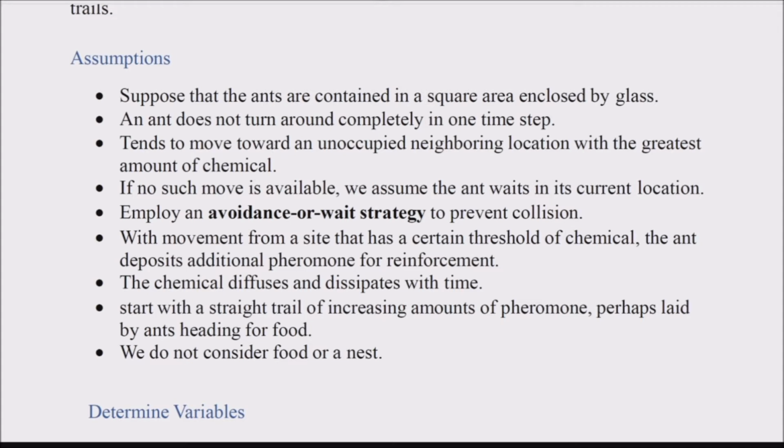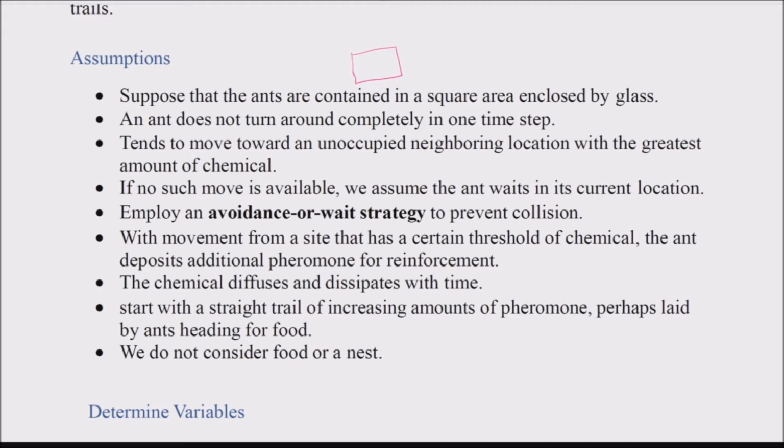Suppose that these ants are contained in a square area. Of course we're going to model this, so we're going to put ants in a square area. Maybe we will put it in a glass container, so we can set a boundary for the ants. That's the idea here.